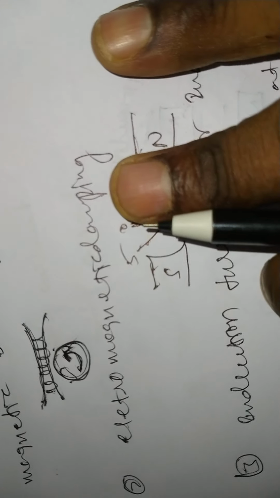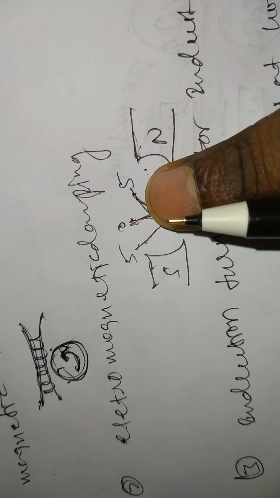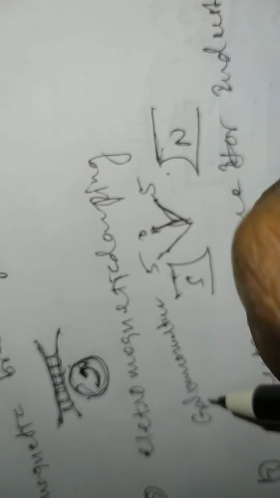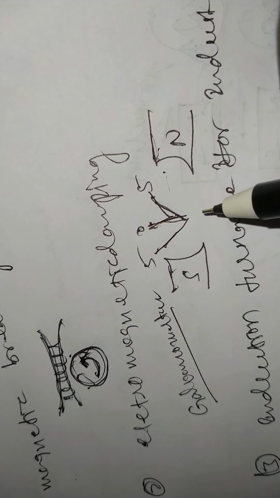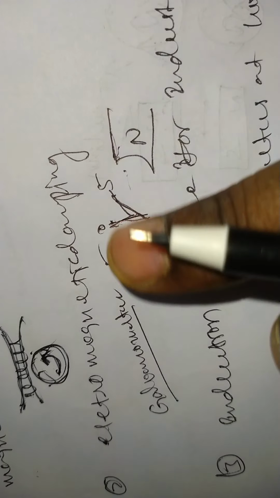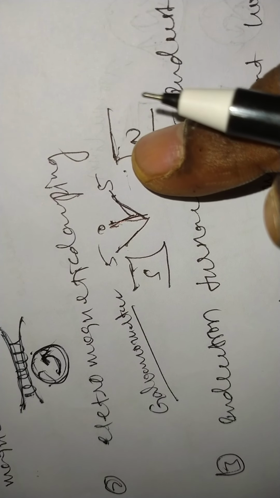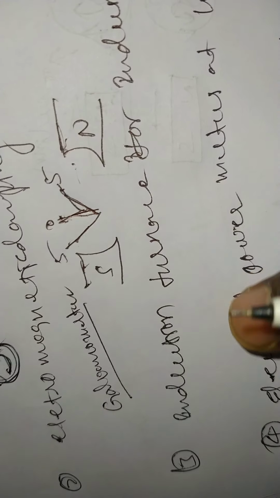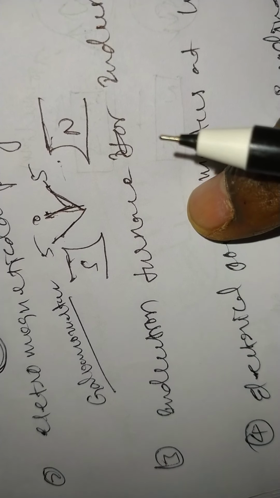Next, electromagnetic damping, that is the galvanometer. The galvanometer shows the deflection decreasing or increasing, depending upon the circulating current. Every circulating current is called eddy current. Next, the induction furnace.